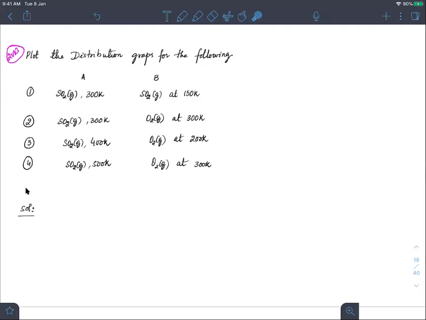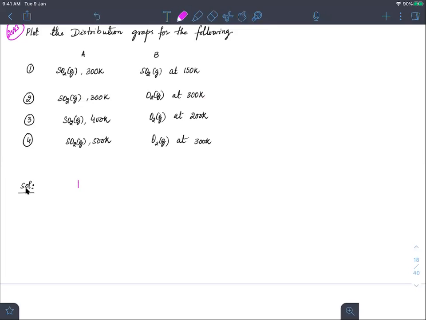To plot the graph for these 4 cases. Okay, so SO2 at around 300 kelvins, SO2 at 150 kelvins, SO2 300, O2 at 300. Check out for all of these cases, how would I plot it? First case. Okay, I will first write those two and see which one is more matching. Best part is check out m by T ratio.